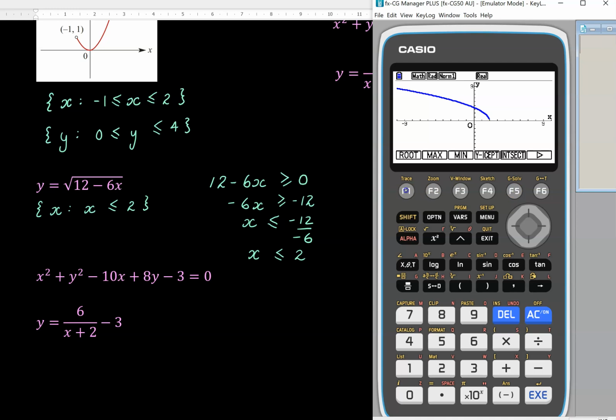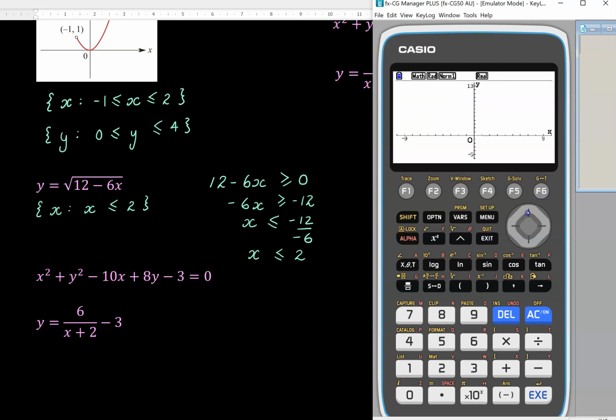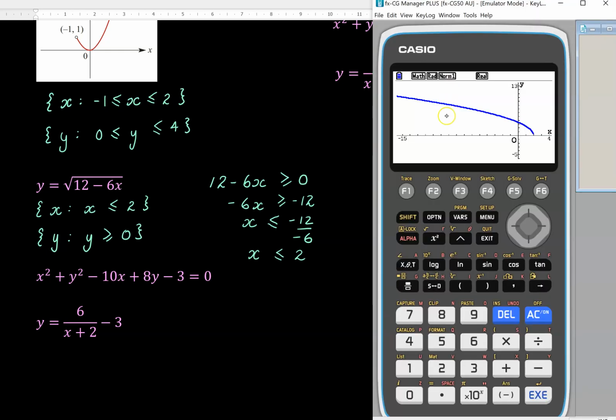G-solve root, we could use your trace function. Okay, and then looking at your y values, clearly they just keep on going and going above the x-axis. Okay, so hopefully you agree that we can see there that y has to be greater than or equal to 0. Have another look at that. Do we agree? All above? Okay.